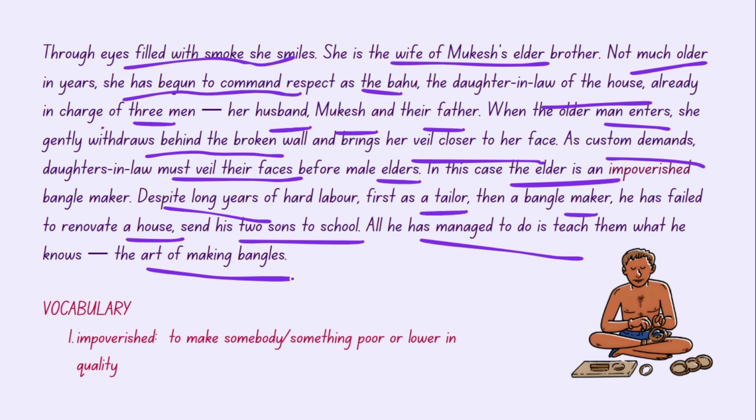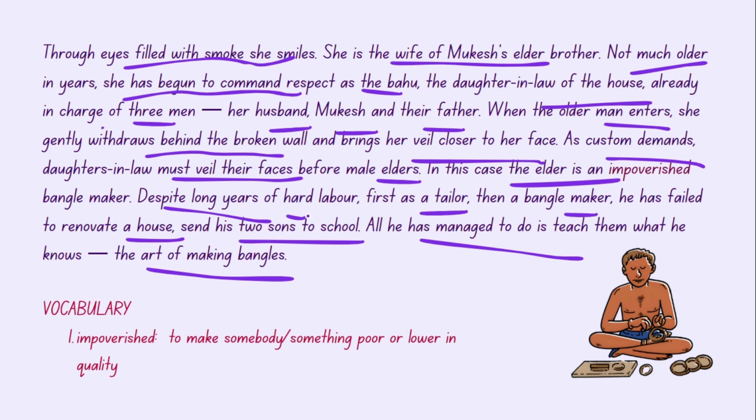Even though he has worked hard for long, long years, for his entire life, first he started working as a tailor, and then he had to switch back to being a bangle maker. He has failed to renovate his house, to improve his house, or even send his two sons to school.